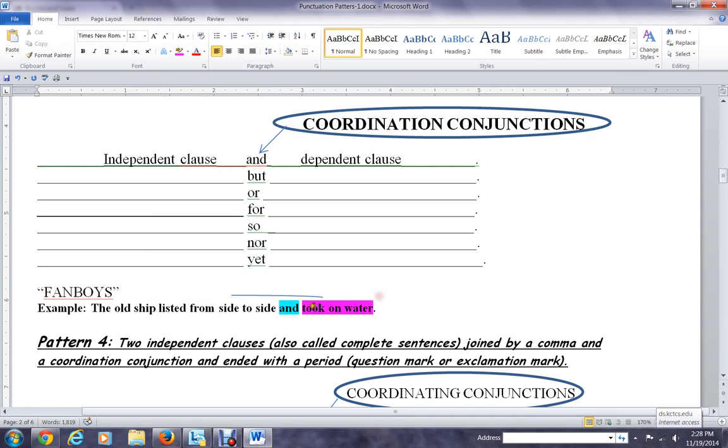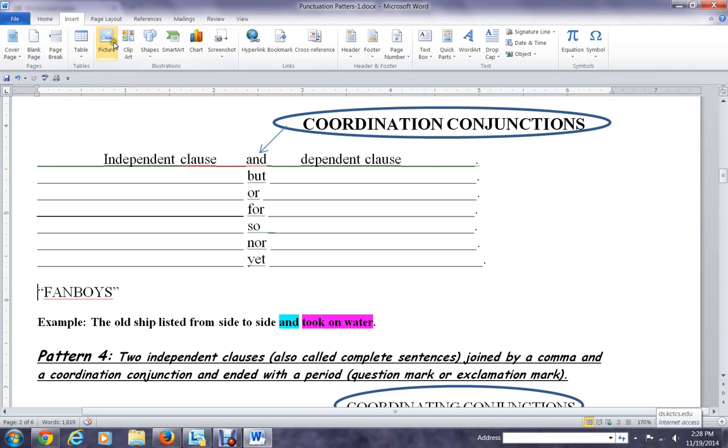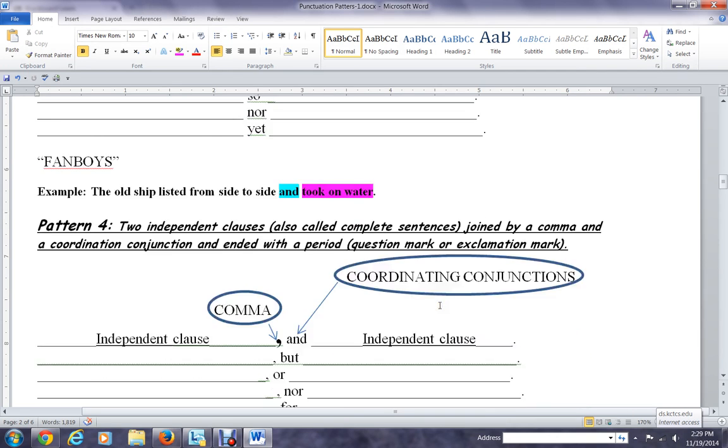The old ship took on water. The old ship listed from side to side. You do not put a comma there.